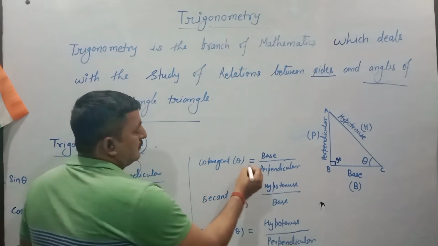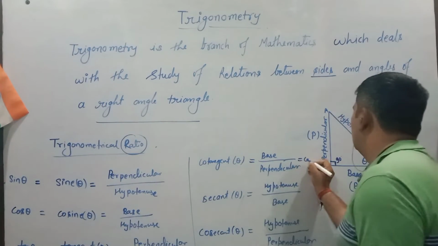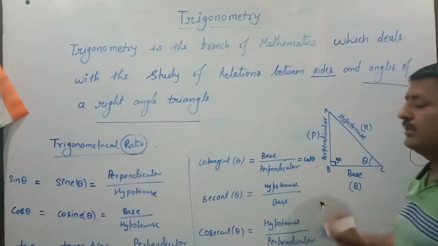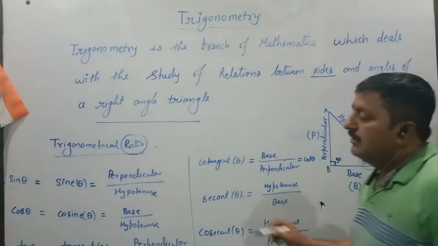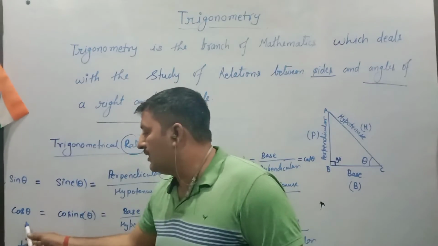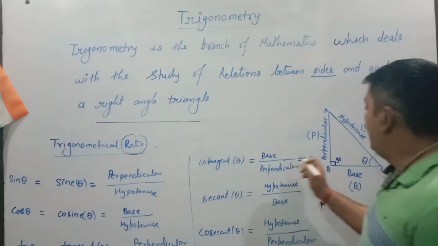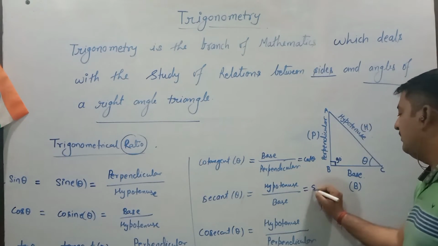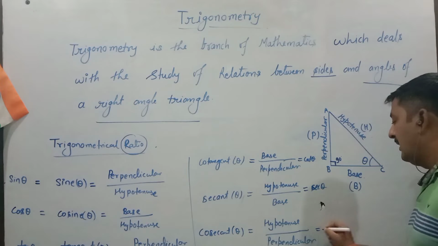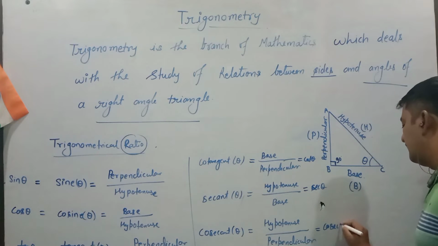Cotangent is also known as cot theta. Generally, we say these as sin theta, cos theta, tan theta, cot theta, and then sec theta and cosec theta.